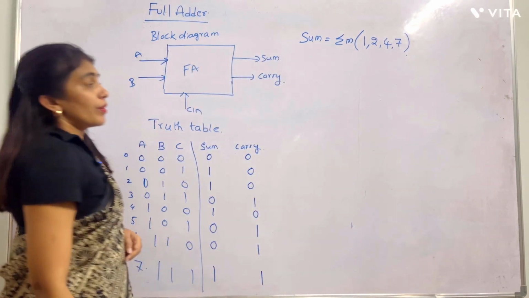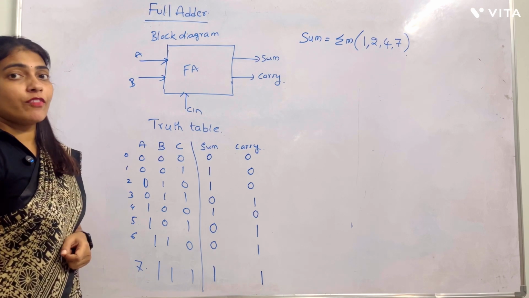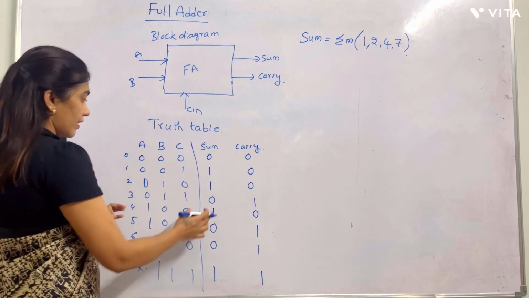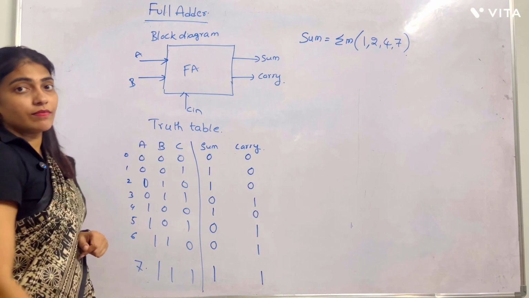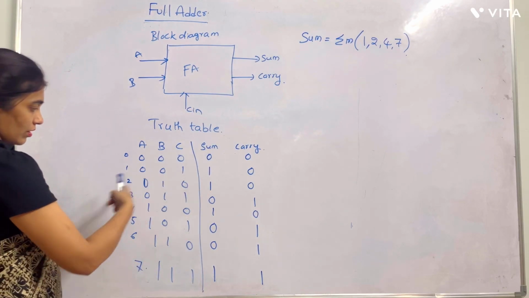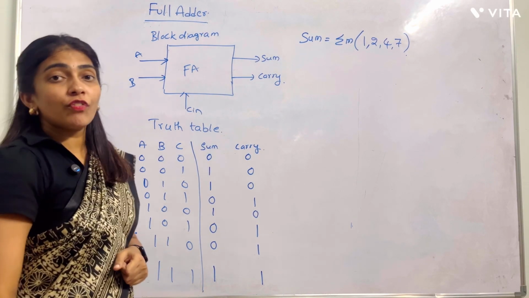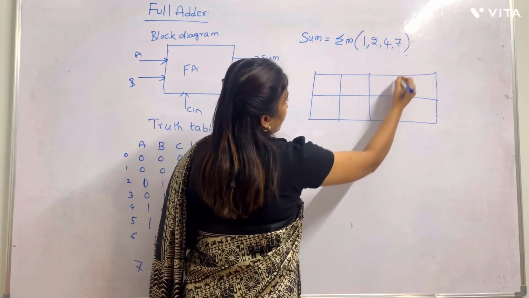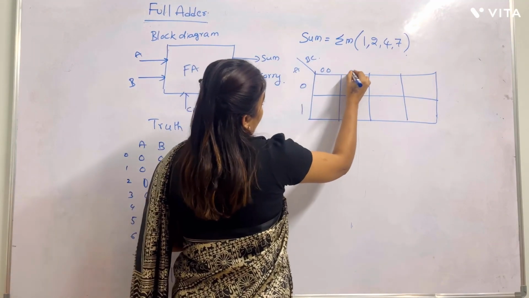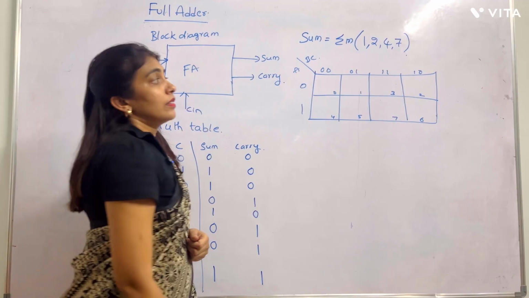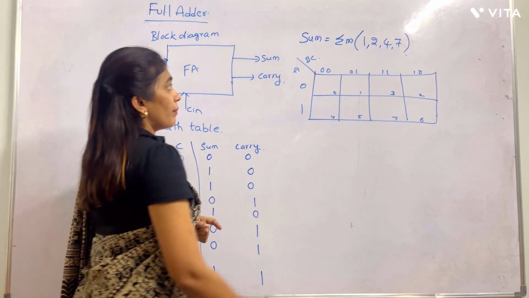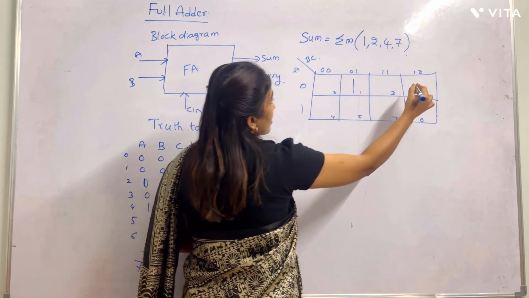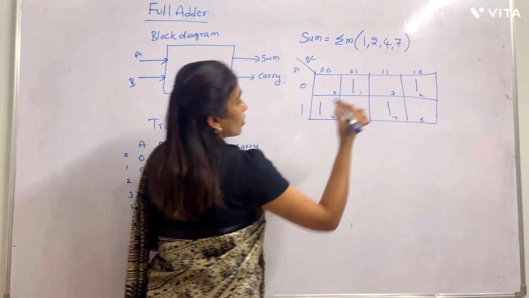Before drawing the K-map, first write the sum of min terms: 1, 2, 4, 7. Is it right? Then go for the K-map, an 8 cell K-map. We keep the min terms at these locations: first, second, fourth and seventh location.